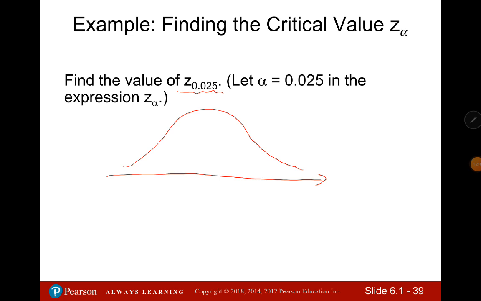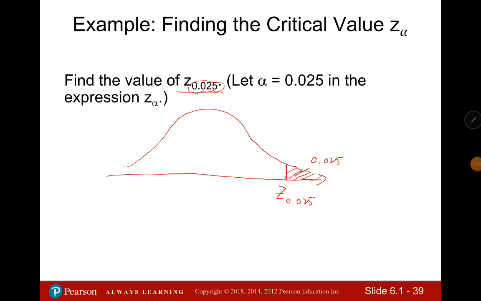First, this tells you what is the area on the right. If it's just a small part, definitely it's just about this position, right? C sub 0.025 means this area is 0.025.